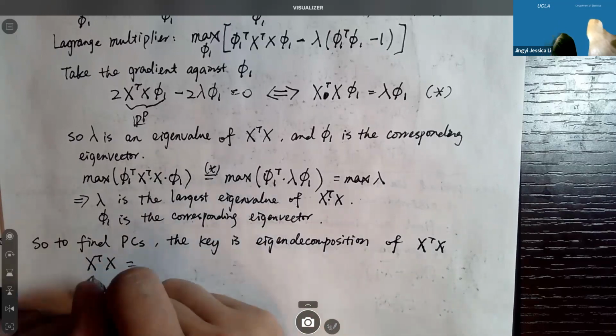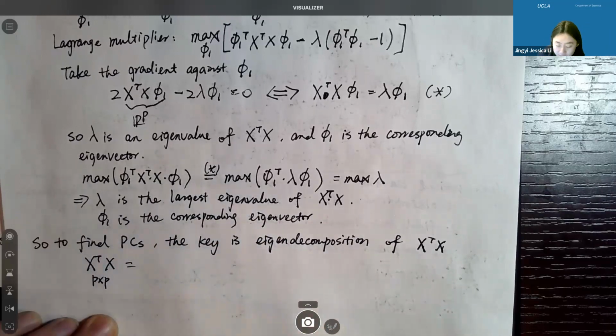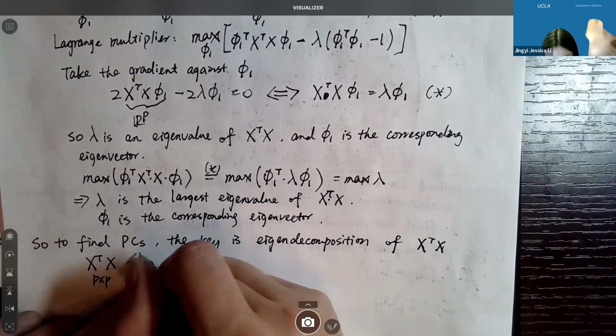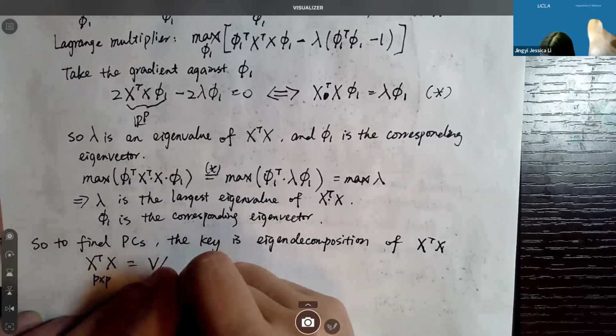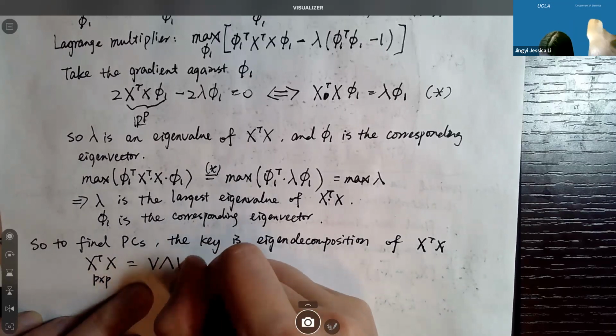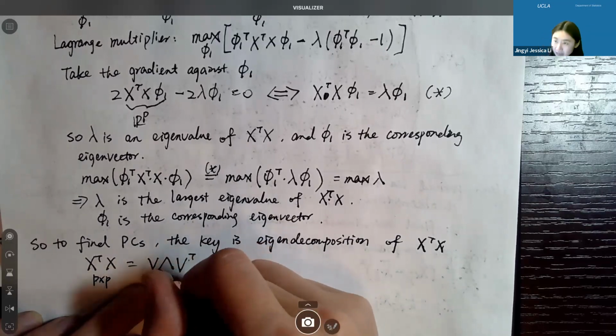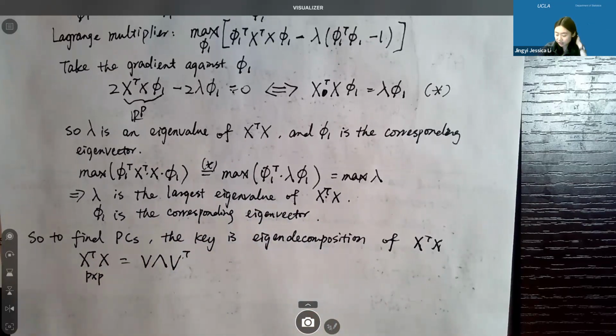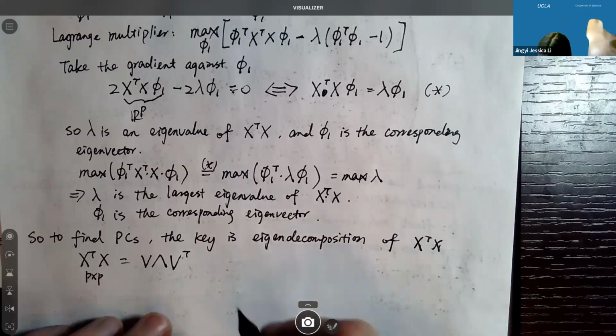This is a P by P square matrix, so we will write it as V times lambda times V transpose. It's the same V on both sides, and lambda itself is just a diagonal matrix.